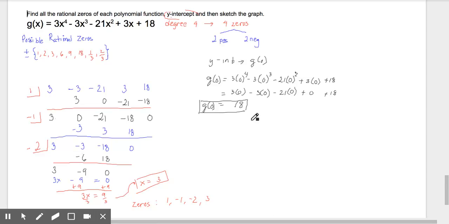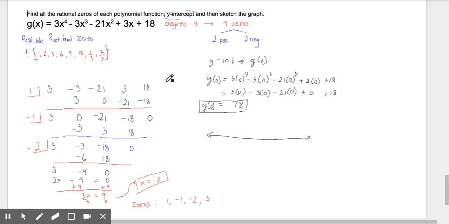Now, in order to sketch the graph, we have to put these numbers, our zeros, in a number line. And we will do the same thing that we did with graphing by hand, but in factored form.